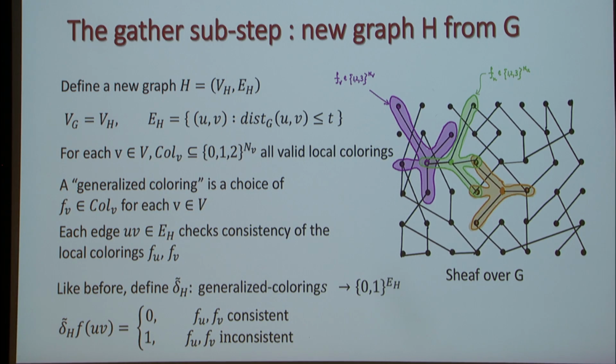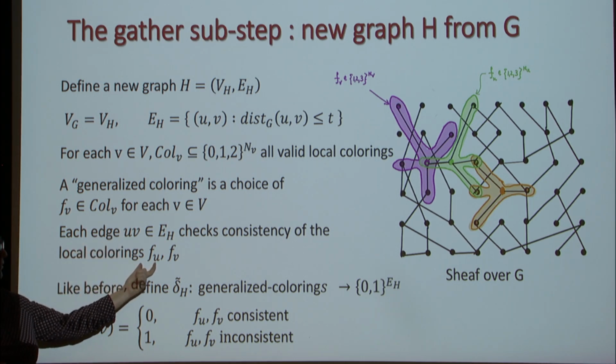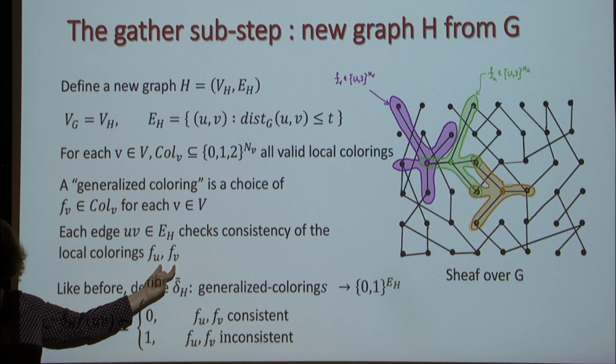I'm talking about the consistency between FU and FV. So they have to be consistent on the vertices. For each edge UV in E, check consistency of the local colorings FU, FV.